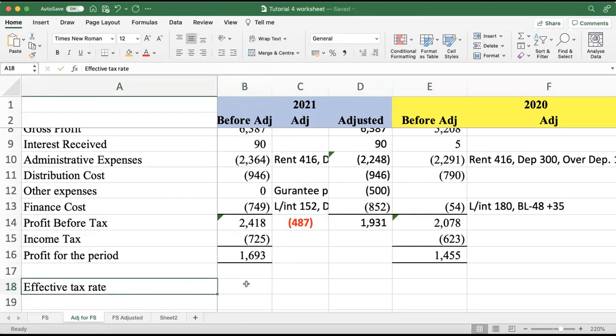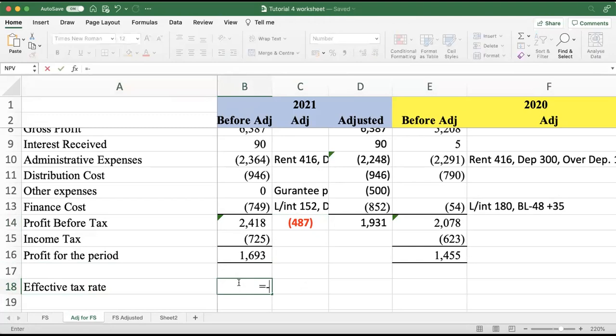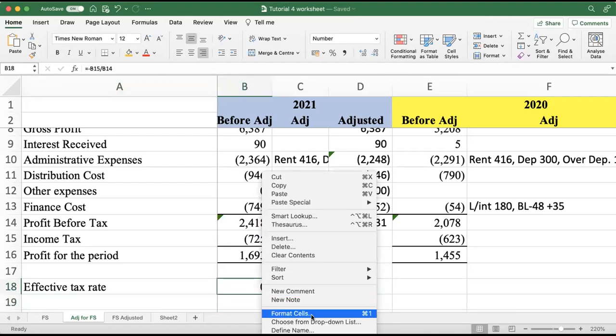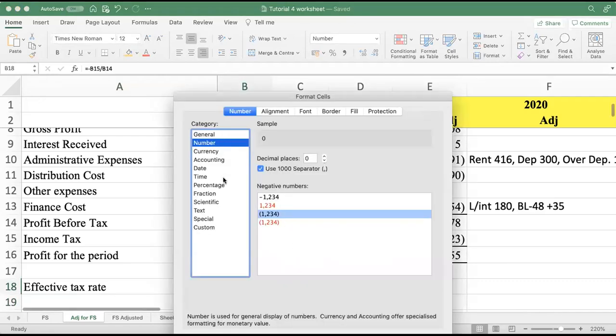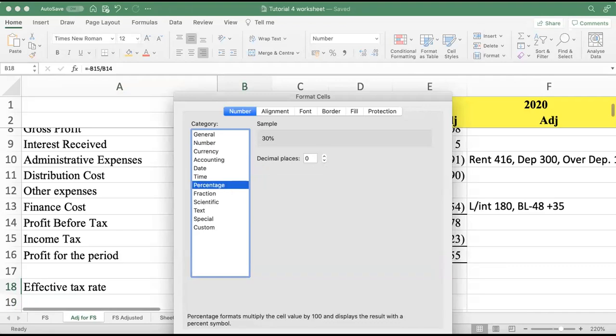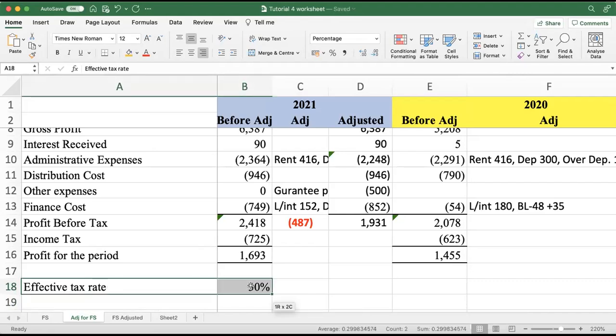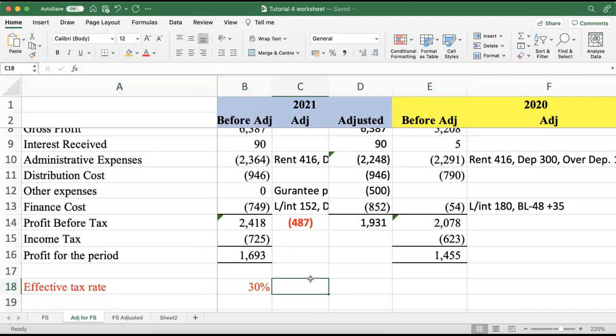So how do you calculate effective tax rate? Tax expense divided by profit before tax. Now you see effective tax rate 30%.